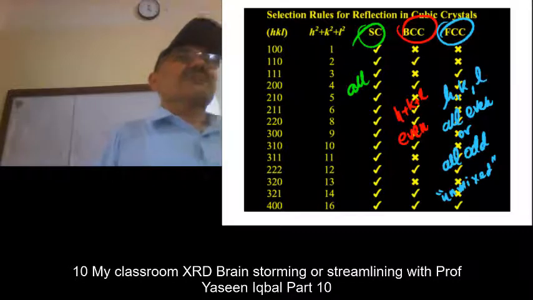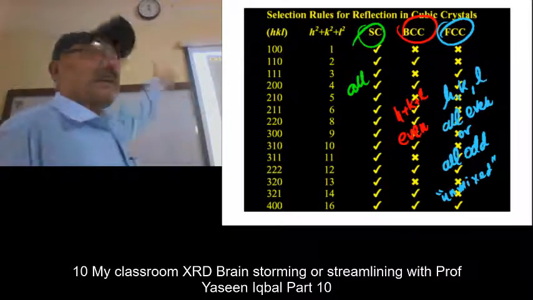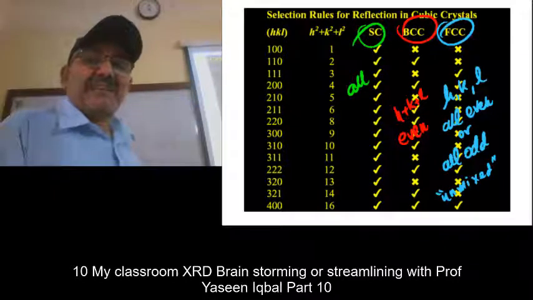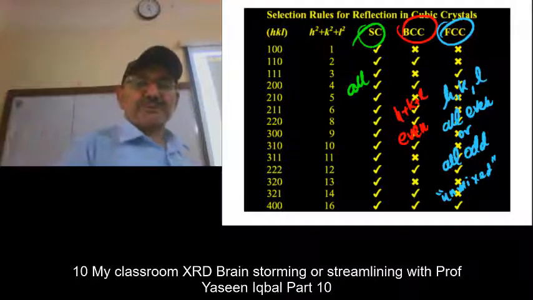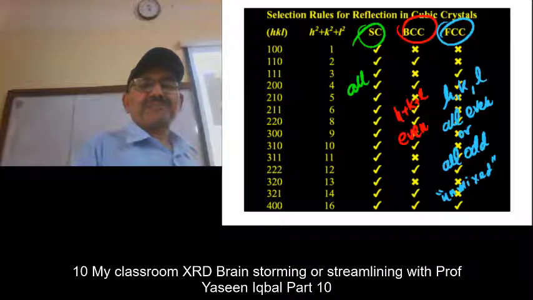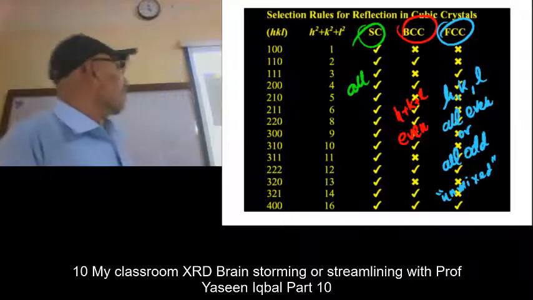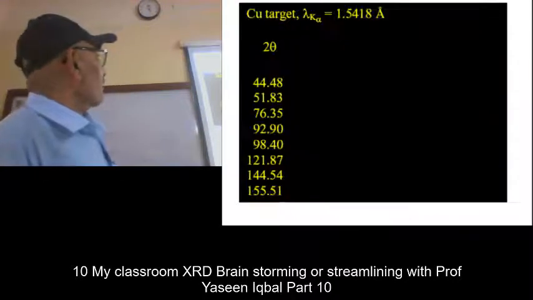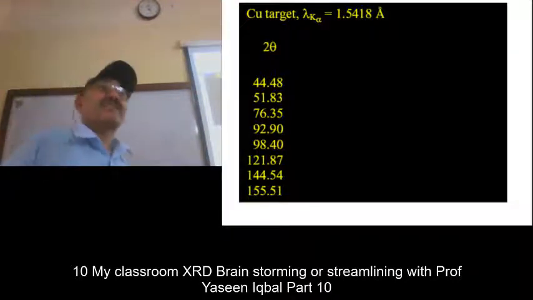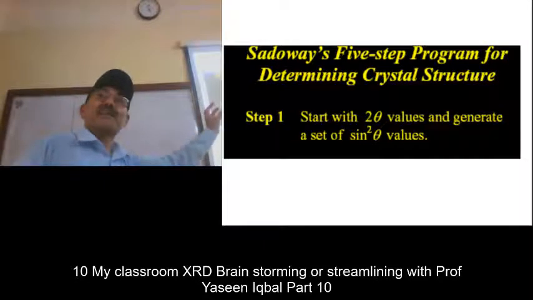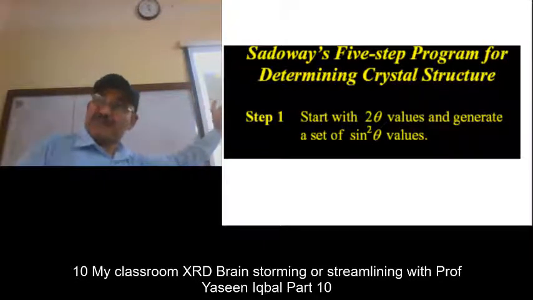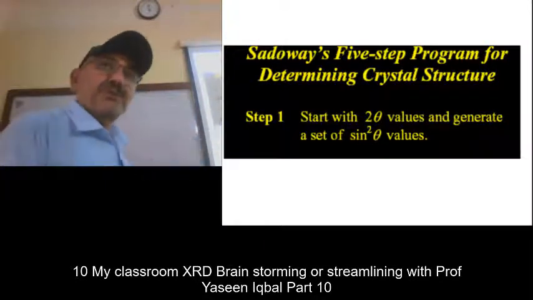So they used to get the peaks at these angles. Now how did they used to transform these? So Sodabase's 5-step program for determining crystal structures from only angles. Only from angles he used to determine the structure.